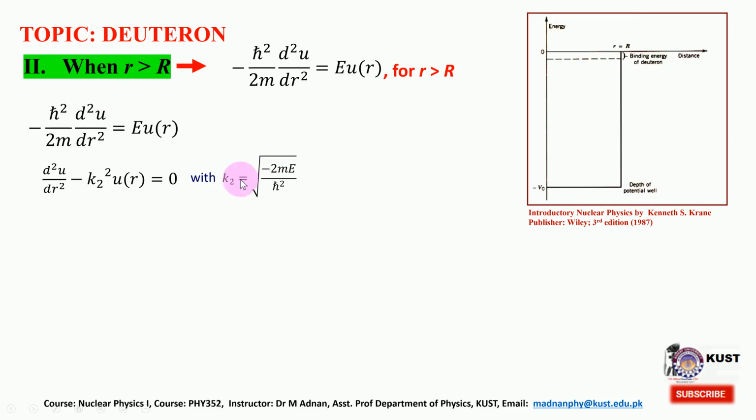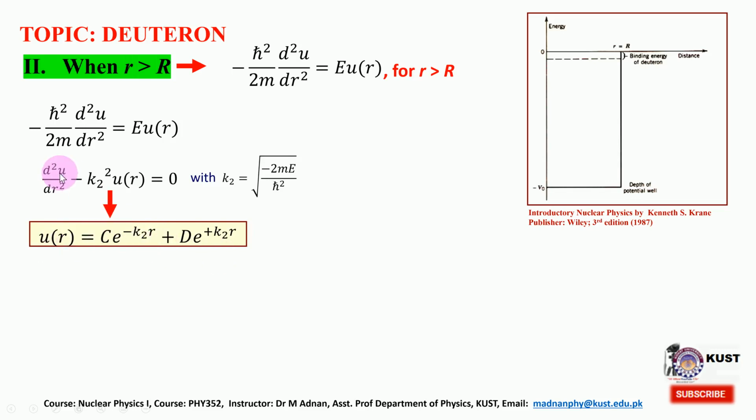So overall this will give you a positive quantity. Since K2 is positive and there is a negative sign, this solution is of this form, which is the exponential. So U in this case is exponential.